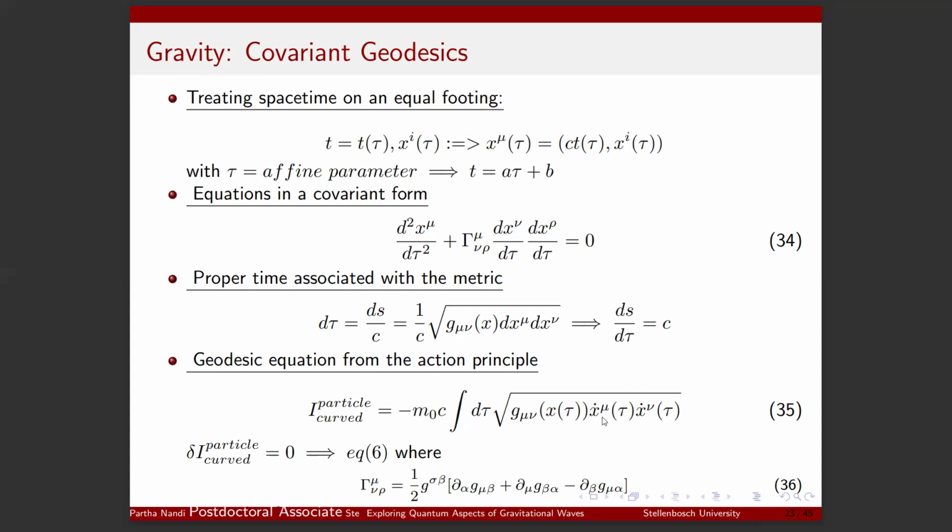One can postulate this is the action of a particle moving in curved spacetime, which incorporates this metric. This spacetime is considered a Riemann manifold, and the spacetime metric also provides the definition of this Christoffel connection.